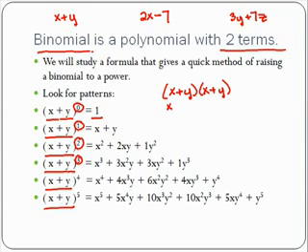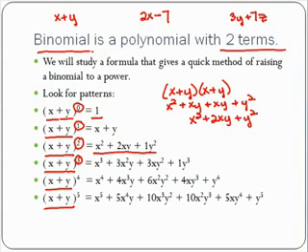So we'd have x squared plus xy plus xy plus y squared. So we get x squared plus 2xy plus y squared. So this is x plus y quantity squared.